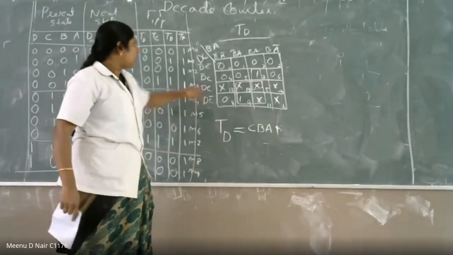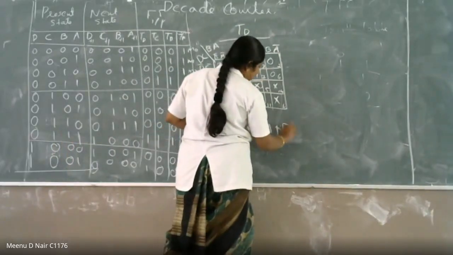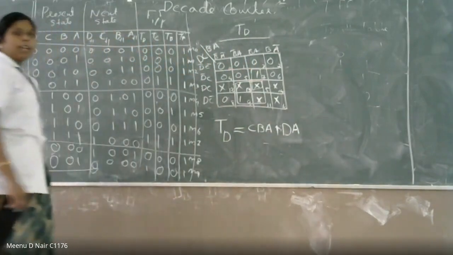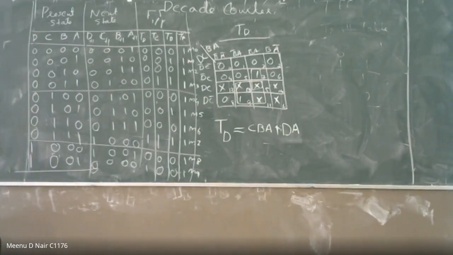Here D is common and here A is common, so it is equal to D A. Okay. TD is equal to C D A plus D A. So any objection in the answer? Is there any objection? Or is it correct?